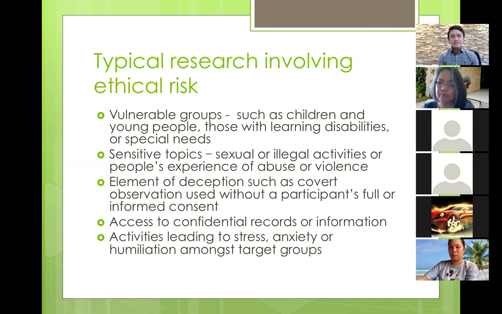So the third risk is the element of deception, such as covert observation used without the participant's full or informed consent. They are deceived because they are made to believe that the research paper you are going to do will benefit them.